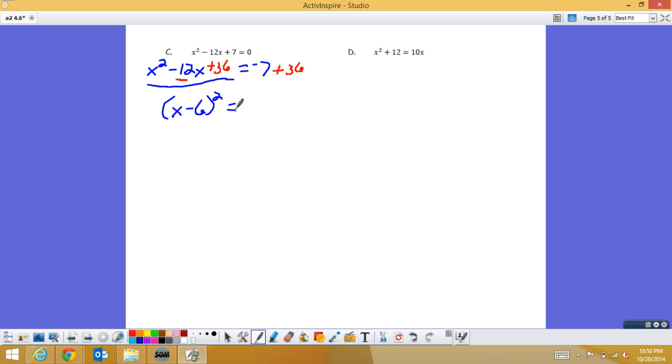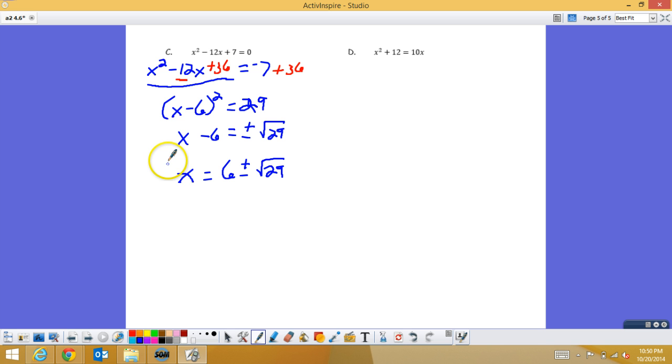And on the right side, we have negative 7 plus 36, which is 29. So then x minus 6 is either positive or negative square root of 29. And to get the x by itself, we simply add 6 to both sides. So we end up with 6 plus or minus the square root of 29.